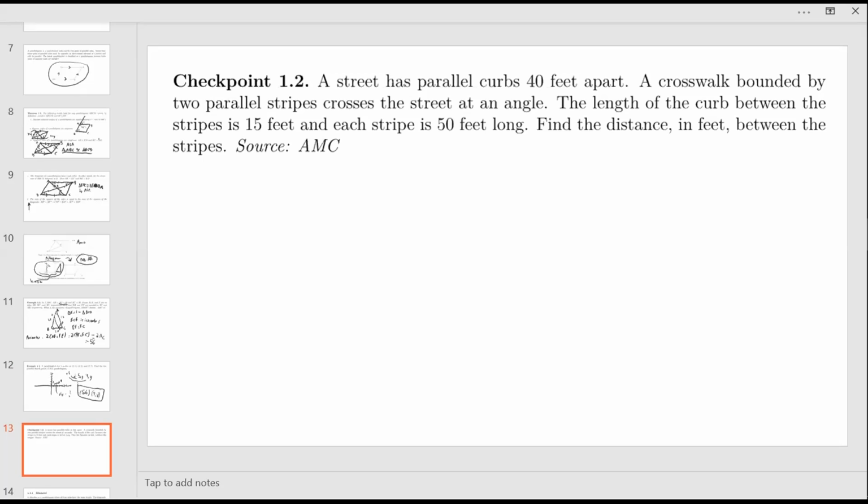Okay, so let me give you the solution. Essentially, the problem is just outlining a parallelogram for us.